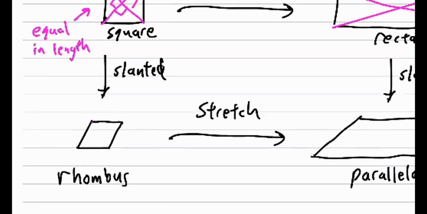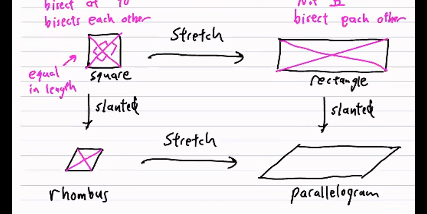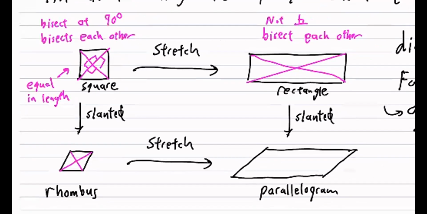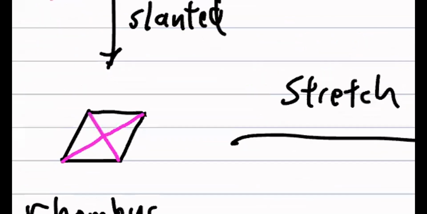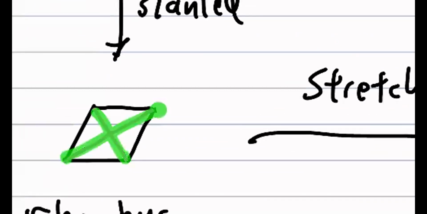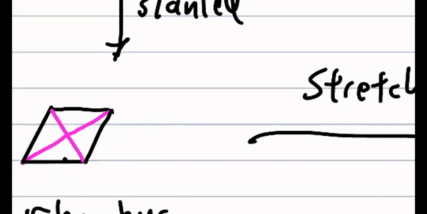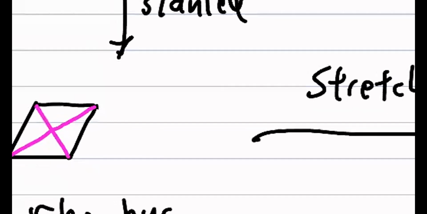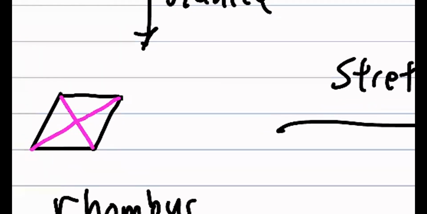Anyways, let's draw in the diagonals. What do you notice? Do you think they are equal in length? For a rectangle, they are equal in length. For the rhombus, do you think they are equal in length? No. You can make it a little bit more extreme, so you slant it even more.